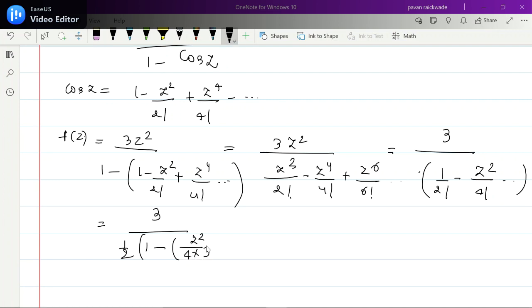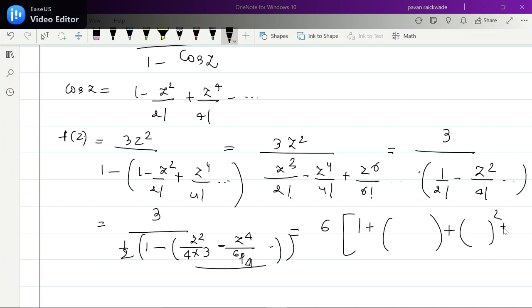I take 2 as common now. Plus minus z raised to 4 upon, there was 6 factorial, so 6 times 5 times 4 times 3 is left, which I can simply write as 6P4, right? 6P4 and so on, which is equal to 6 times 1 plus the whole term here, plus the same term squared and so on.